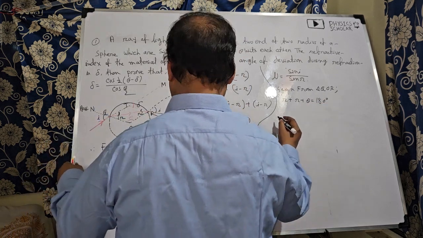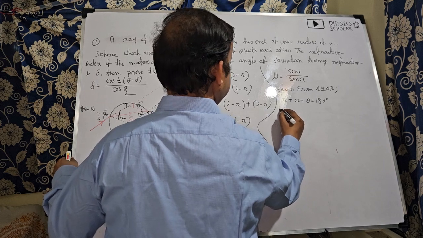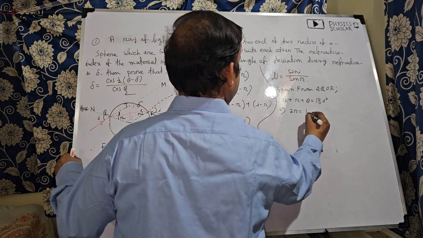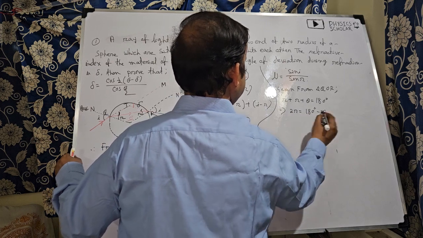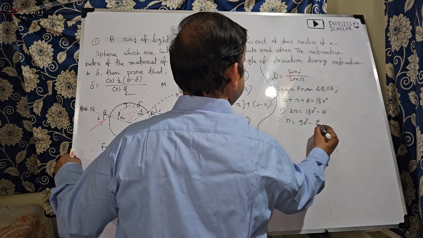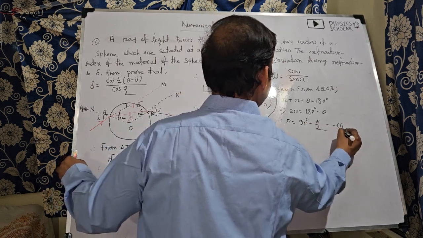Therefore, twice r is equal to 180 degree minus theta. So therefore r is equal to 90 degree minus theta by 2. It is equation number 2.